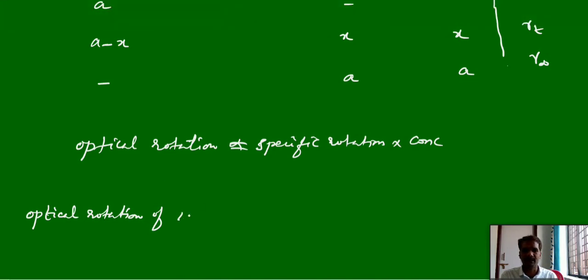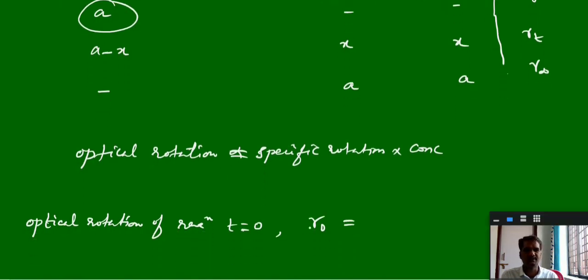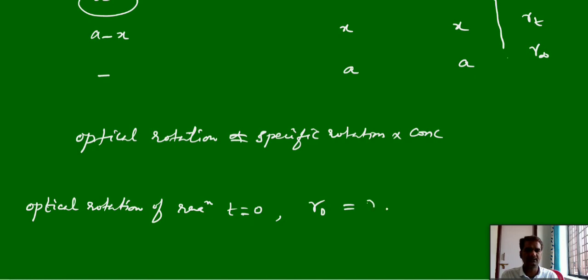Optical rotation of the reaction at time t equal to 0 is R0. R0 equals what? Initially we have specific rotation into concentration. What is there initially? We have only sucrose, means only sugar is there. So the specific rotation of sugar into its concentration A. This is R0.